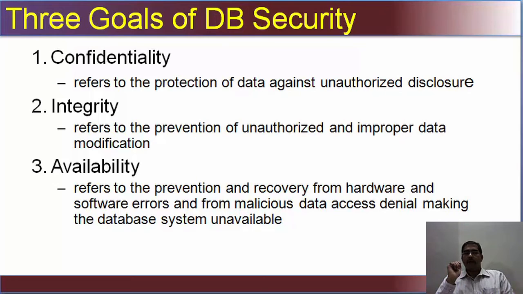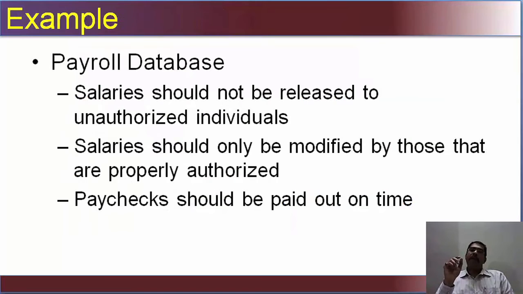Integrity refers to prevention of unauthorized and improper data modification. And availability refers to the prevention and recovery from hardware and software errors and from malicious data access, making the database system unavailable. So basically to protect against destruction of database or loss of data.